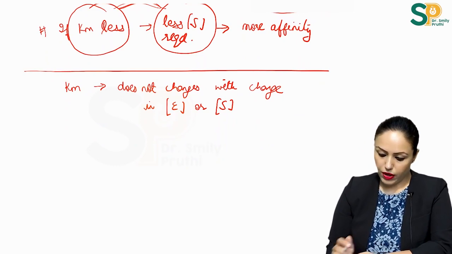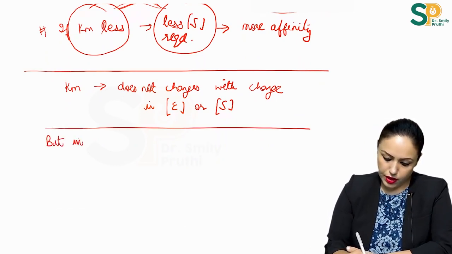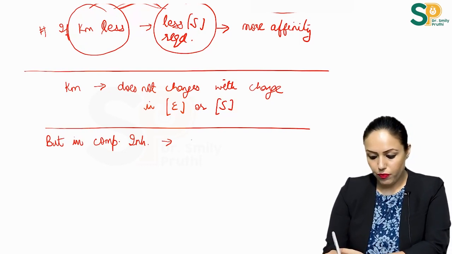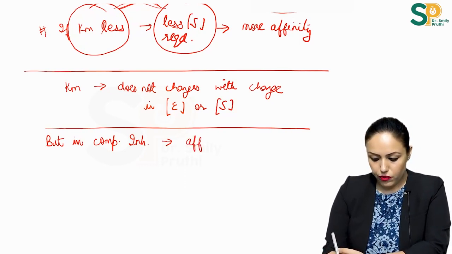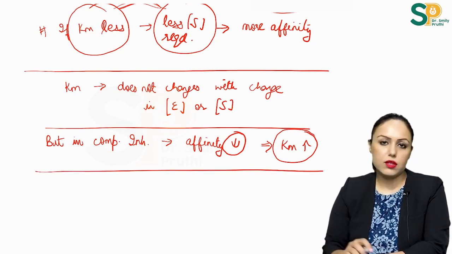It's a constant value, right? But in case of competitive inhibition, the affinity between enzyme and substrate decreases. Affinity decreases, so Km increases in this case.